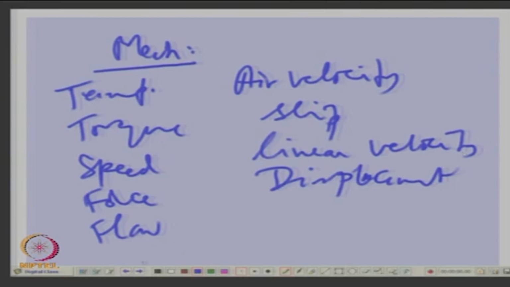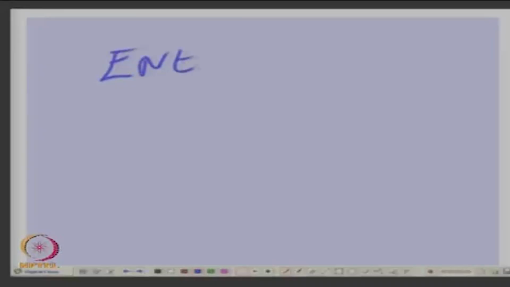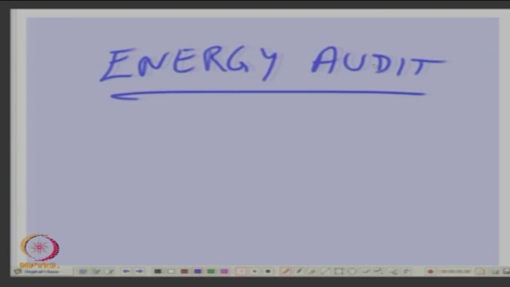And all these have become important nowadays. A new term has come: you have to measure the energy, energy audit, right.